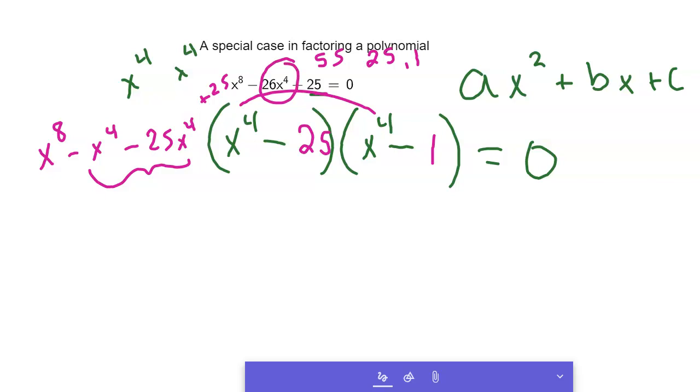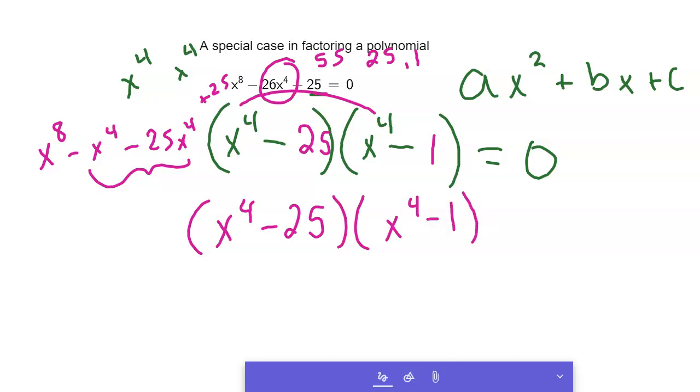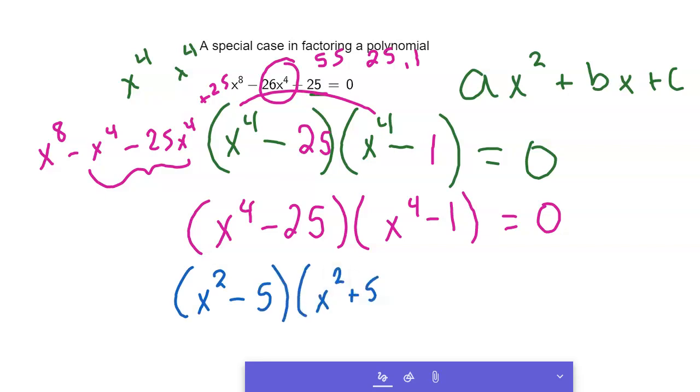I'm going to rewrite it so it's out of the trash there. So x to the 4th minus 25 times x to the 4th minus 1. Here's the thing, both of those are differences of squares, so we can factor further. x to the 4th minus 25 factors to x squared minus 5 and x squared plus 5.